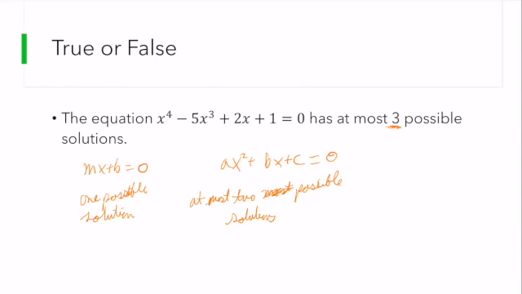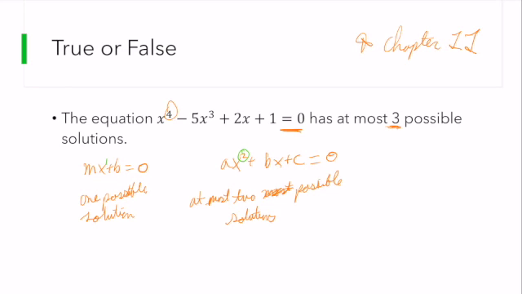Now, if you think back to chapter 11, where we talked about working with polynomials, there's a rule that states the number of solutions, when we set a polynomial equal to 0, the possible number of solutions equals its highest degree. For example, this linear equation over here, this is a degree 1, so it can have at most 1 possible solution.